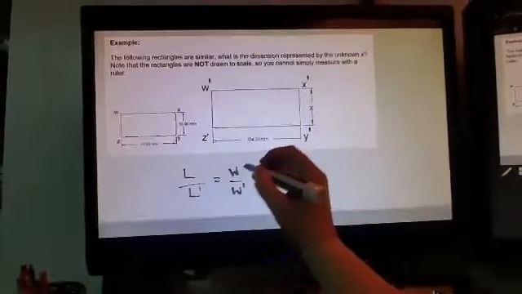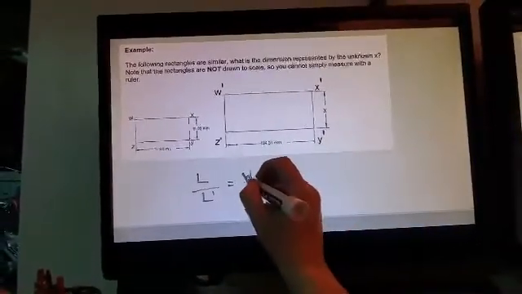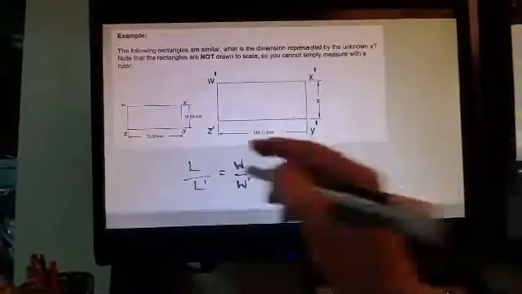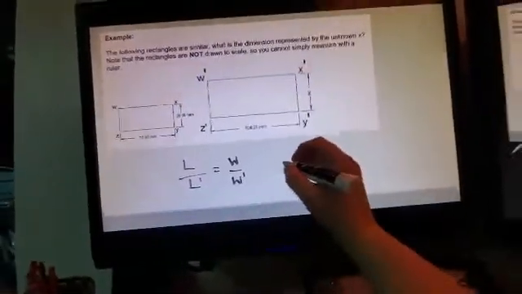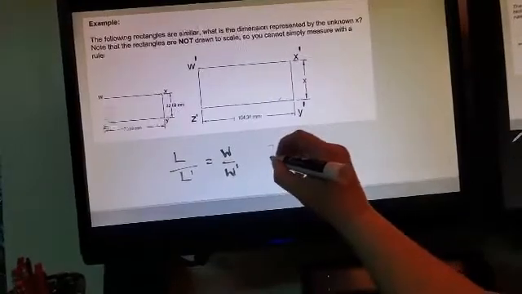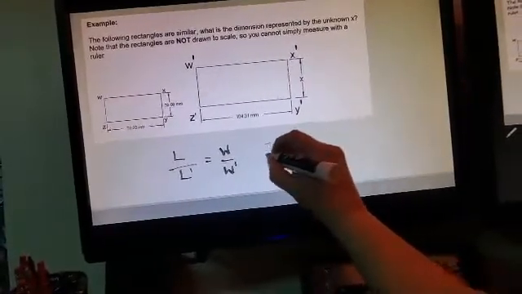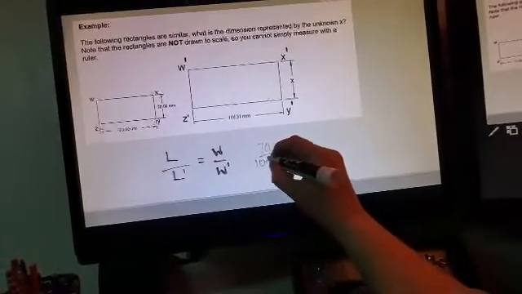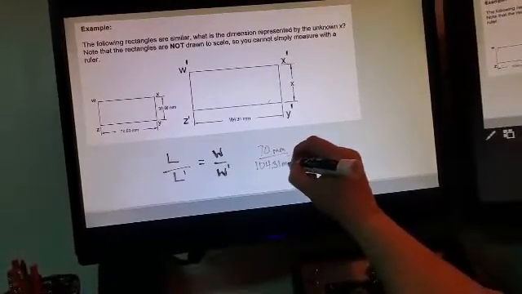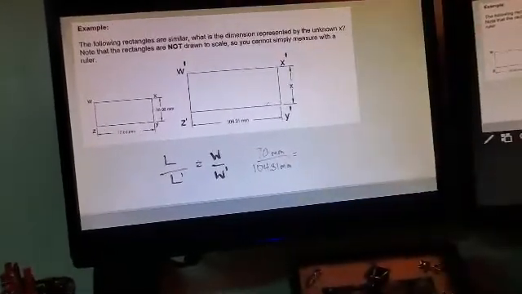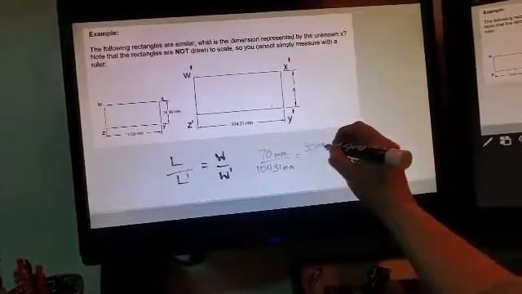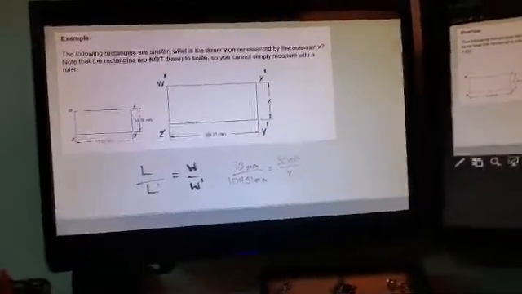So my primes are on the bottom, my originals are on the top. So now my original length was 70 millimeters and my length prime is 104.31 millimeters. Now my original width is 30 millimeters and we want to know what x is.